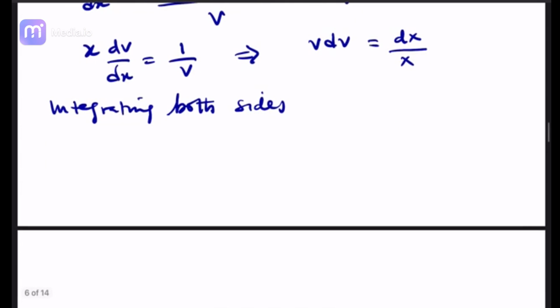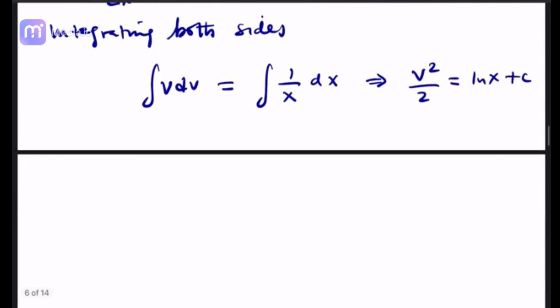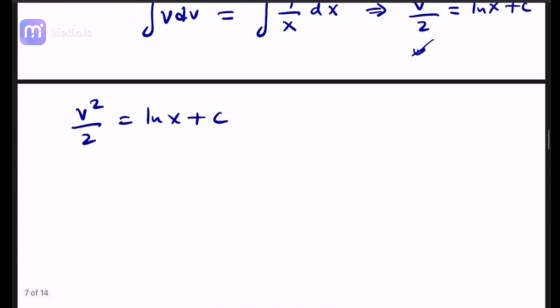So we have the integral of v dv is equal to the integral of 1 over x dx, which will give us v squared over 2 is equal to ln x plus c. So we have v squared over 2 is equal to ln x plus c.